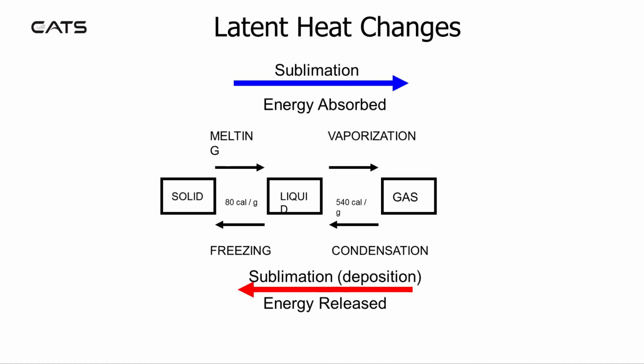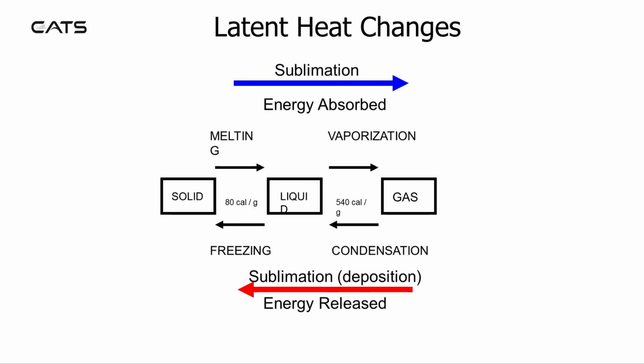Latent heat changes. As a solid changes state to a liquid, this is called melting, and 80 calories per gram of energy is absorbed. As a liquid changes state to a gas, this is called vaporization, and 540 calories per gram is absorbed.